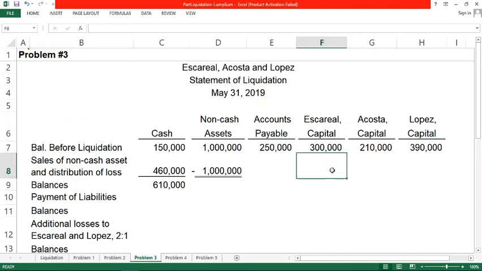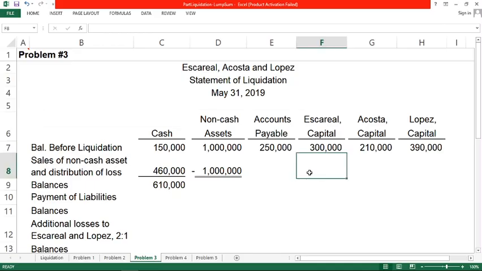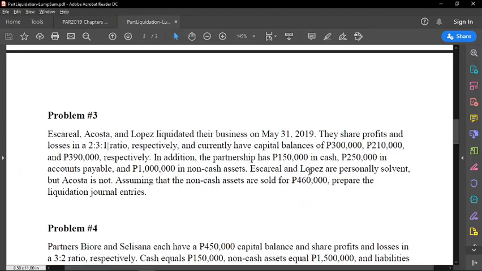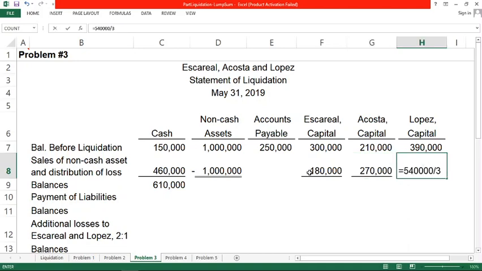Sakit naman ng 540. And your profit and loss ratio is 2:3:1. So, we are going to divide that 540 in that ratio. So, you have 2/6 for Iscarial, and then 3/6 for Acosta, and lastly 1/6 for Lopez.